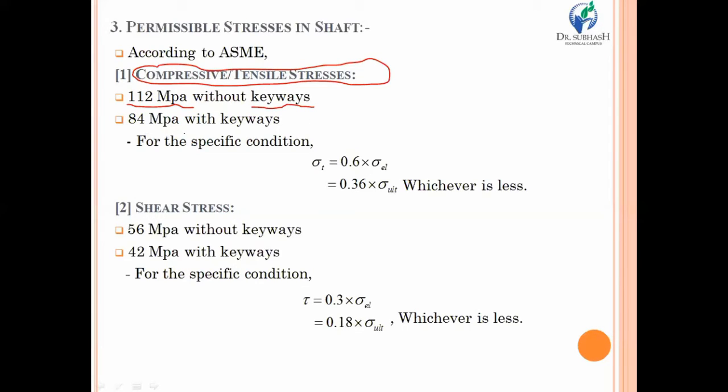If there is a perfect solid shaft, you can say that this shaft is without keyway. At that time, the allowable stress limit for compression failure should be taken as 112 megapascal.